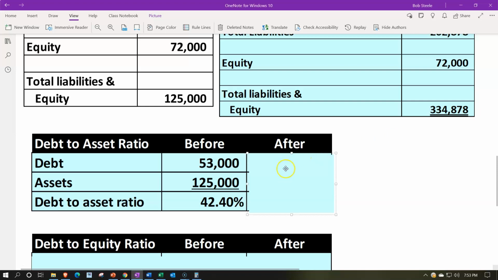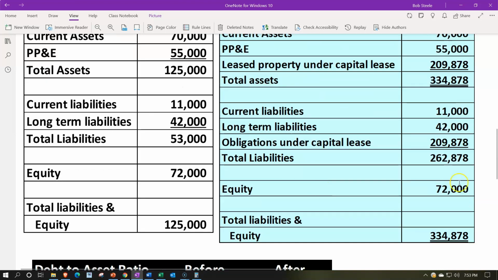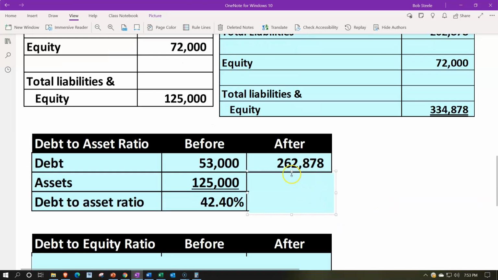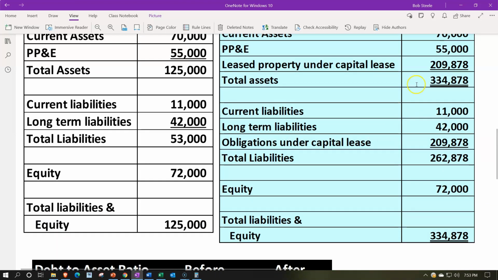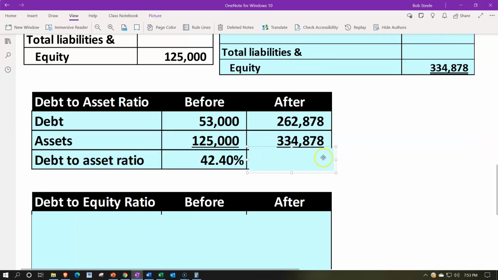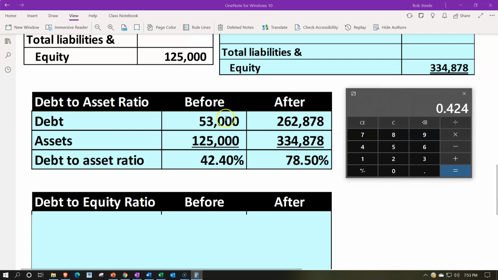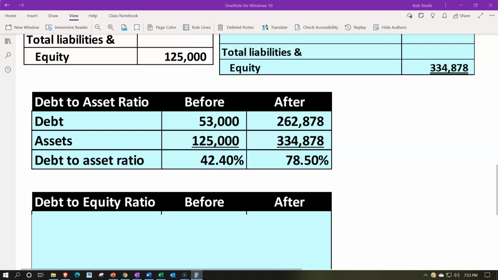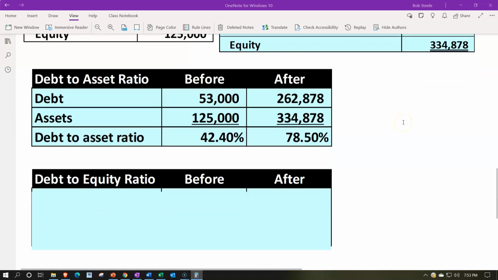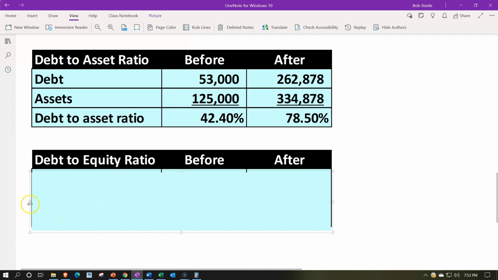And the after situation, we have the $262,878 debt versus the assets, which are now at the $334,878. So if we do that ratio analysis, 262,878 divided by 334,878, we get to the 78.5% about. So substantial difference in the debt to asset ratio, which could have impact on decision-making processes.